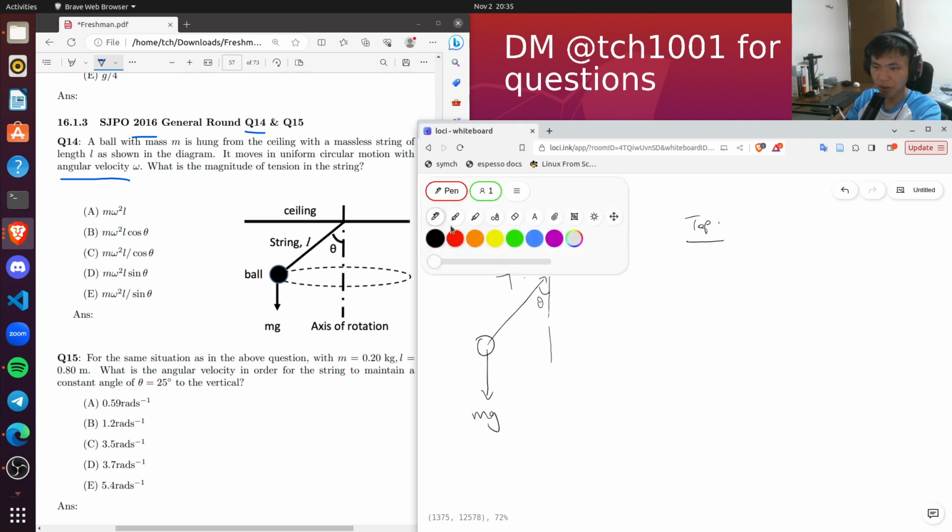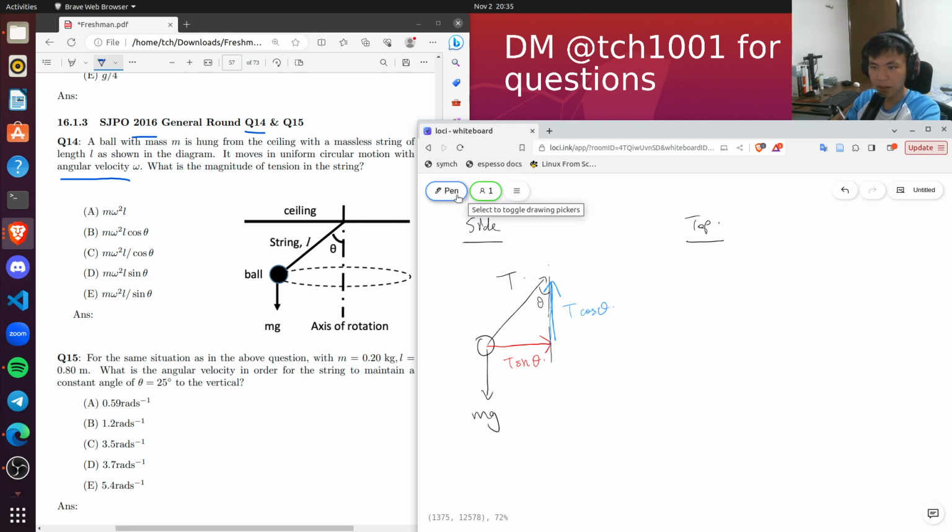To draw the top view more clearly, I'm going to decompose this T into two component vectors, one horizontal and one vertical. The red one is the horizontal, and in this case it is T sine theta, and the blue is T cosine theta.